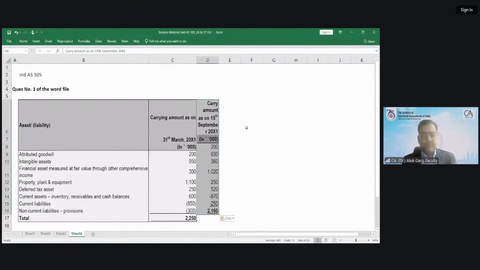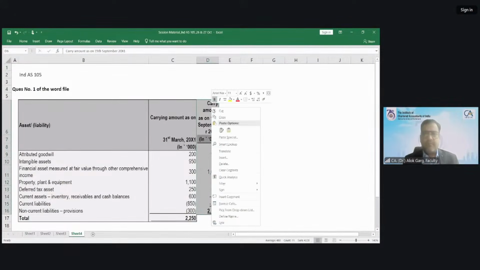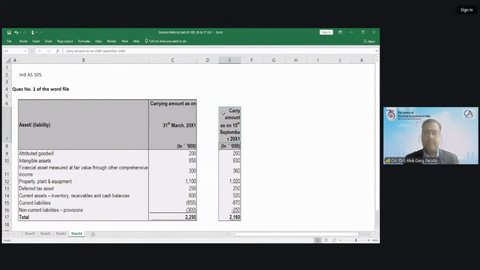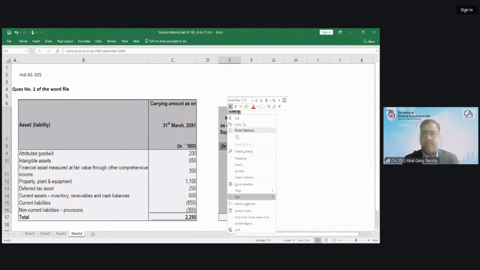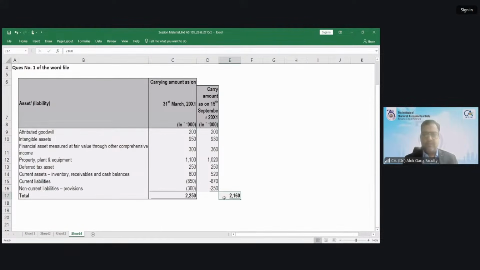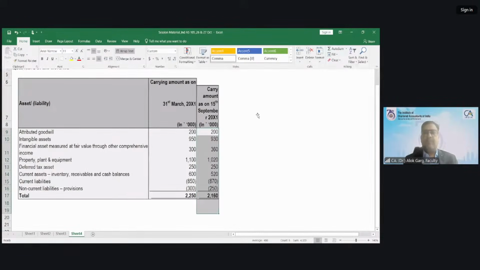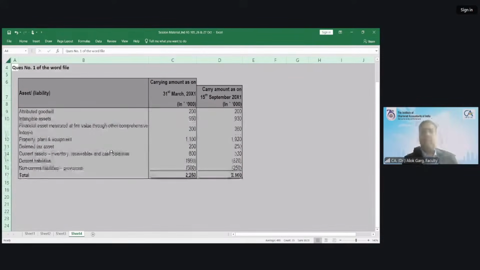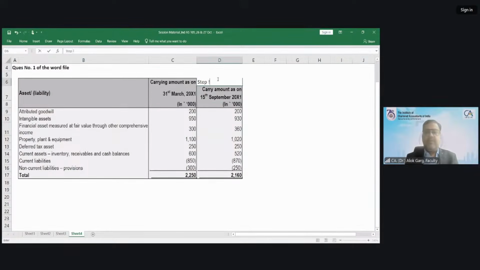So step number one is the carrying amount on the date of held for sale.